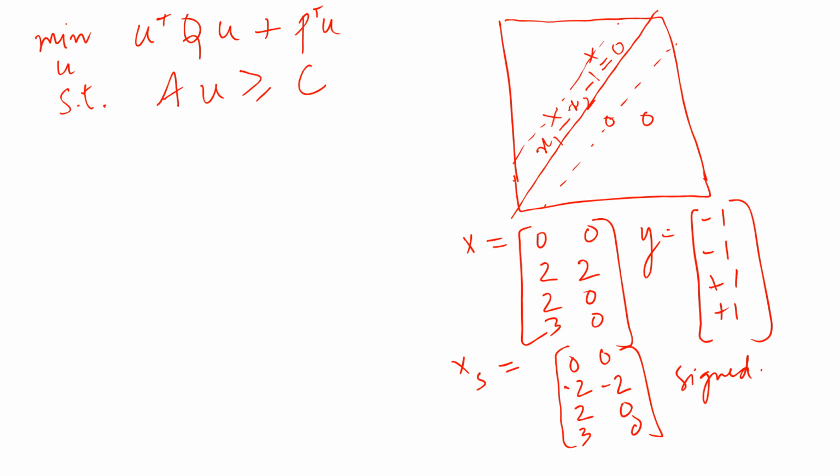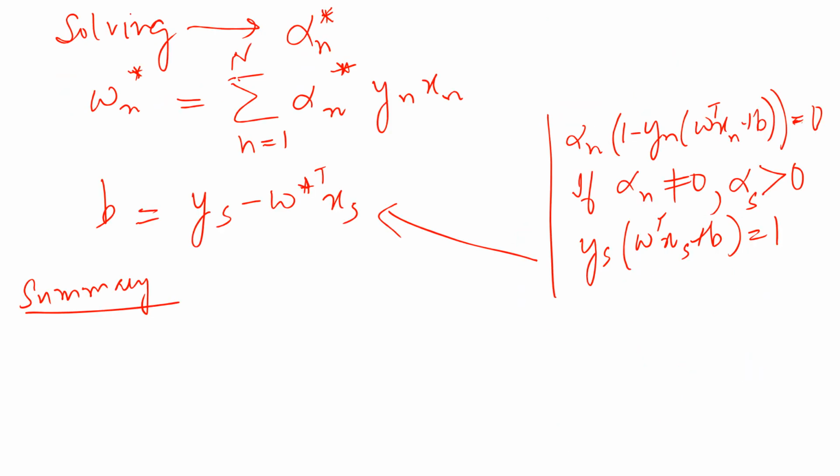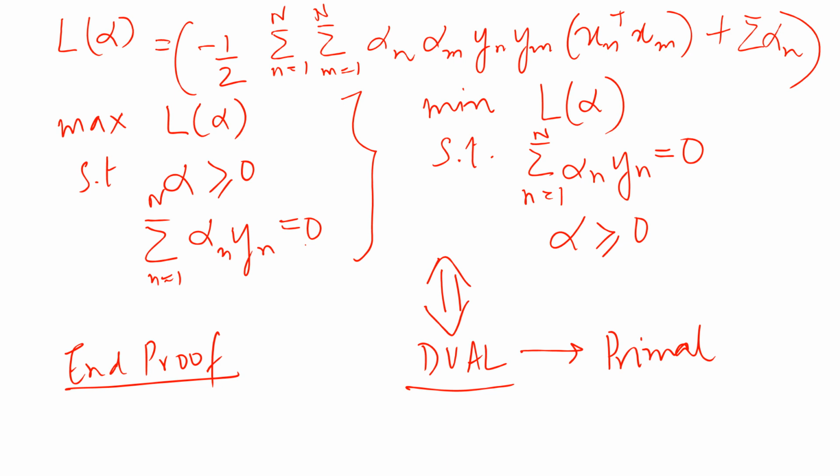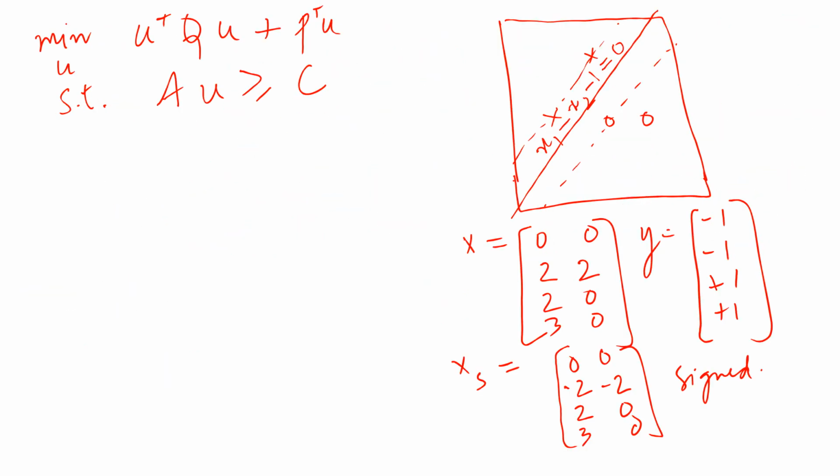So it turns out that in our problem, we need to get that term yn, ym, xn transpose xm, right? And because we had that here, let me show you. We have this huge term, and what exactly is that in our problem?